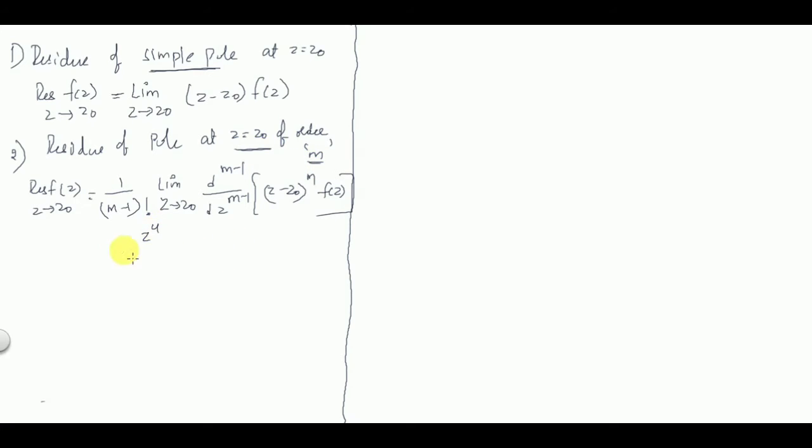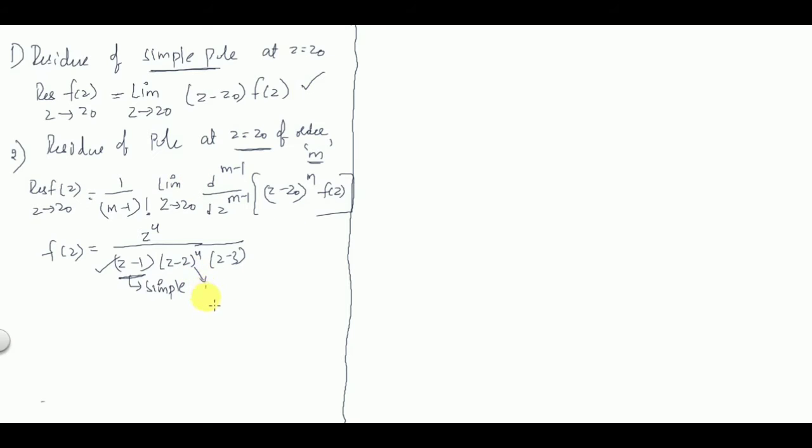Okay, suppose you have z to the power of 4 by (z minus 1) (z minus 2) whole to the power of 4 into (z minus 3). If you have a function f of z of this form, then z is equal to 1 is called a simple pole. And if you are asked to find the residue at z is equal to 1, you have to use this formula.